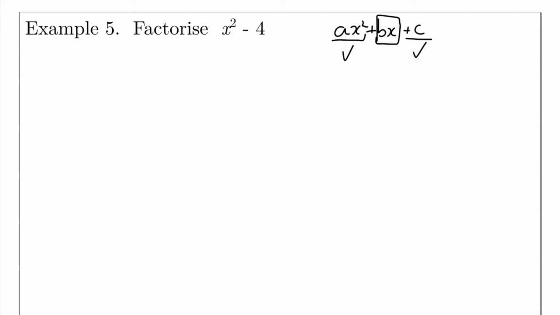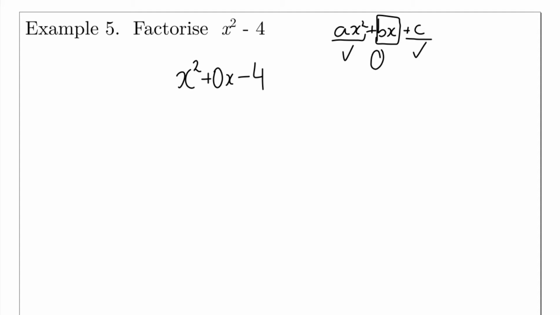It's invisible, or what it means is that there are 0 of them, 0 x's. So we can actually rewrite this expression as x squared plus 0x minus 4. And now it does look like a normal quadratic that we know how to factorize.